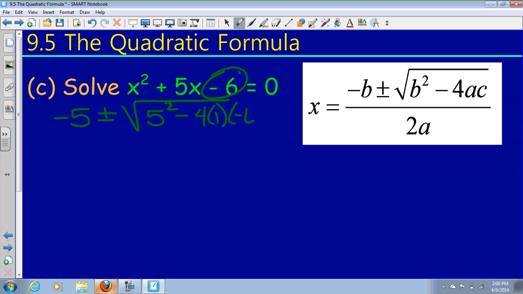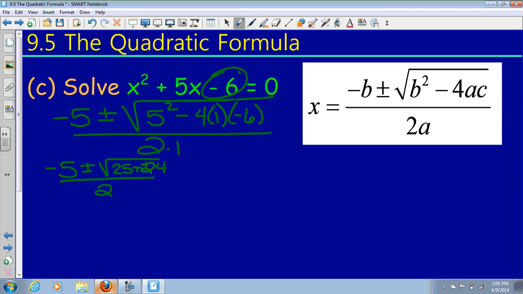C is negative 6. Okay? All over 2 times 1. The opposite of 5, plus or minus 25. 4 times 1 is 4. 4 times negative 6 is negative 24. Minus negative 24 becomes plus 24.